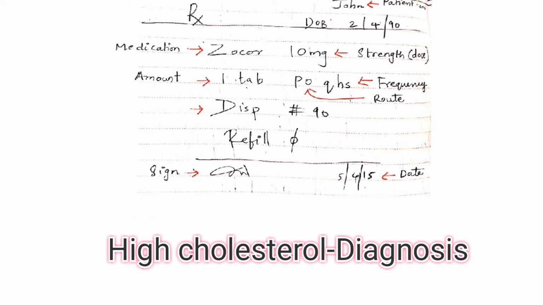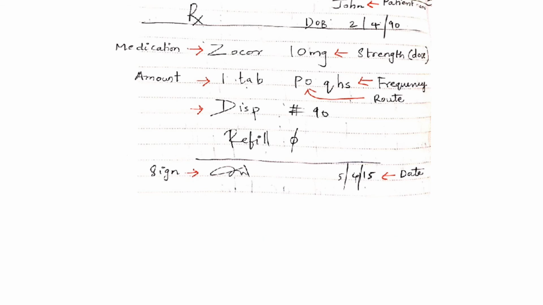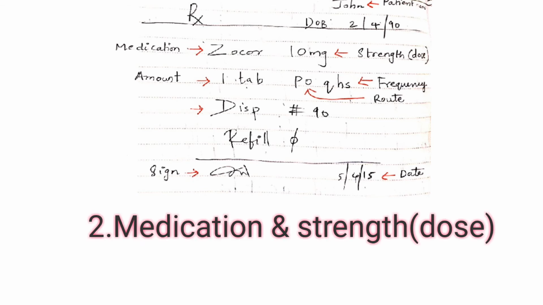So in this example prescription, the diagnosis of the patient is high cholesterol. So the medication given is Zocor 10 mg in strength. The next thing is medication and strength or dose. For the medication, generally the generic name or brand name is used.